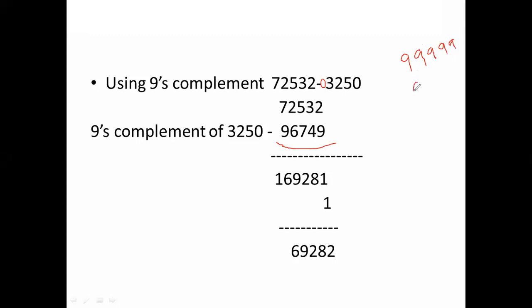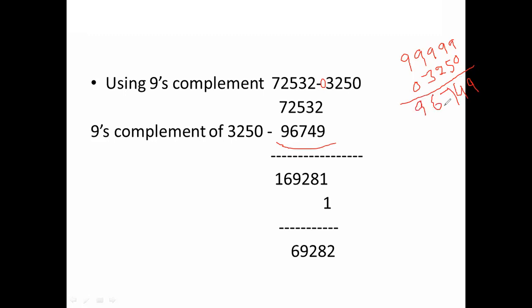And from this, 3,250 is subtracted, then you will get the nines complement. 9 minus 0, that is 9. 9 minus 5, 4. 9 minus 2, 7. 9 minus 3, 6. 9 minus 0, 9.